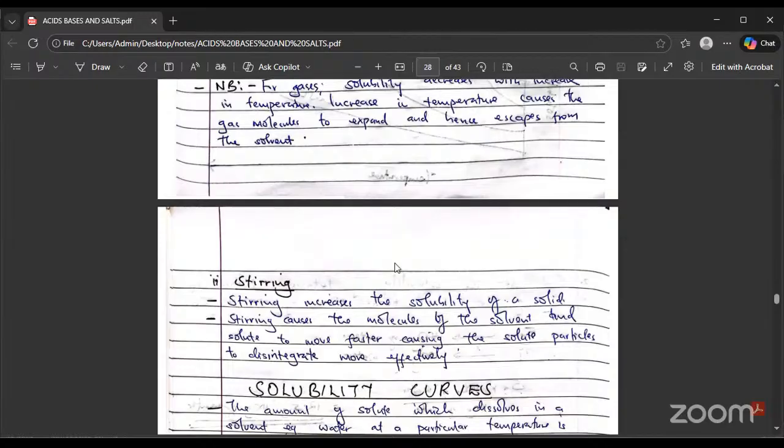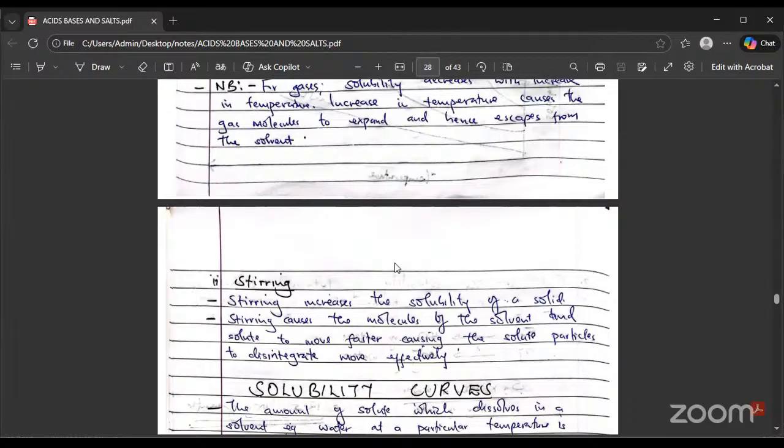Now, something that you are not supposed to forget is the factors affecting solubility. Temperature is very dangerous. Reason being, they'll tell you, what if we increase the temperature when you are reacting sulfur oxide and oxygen, what will happen?